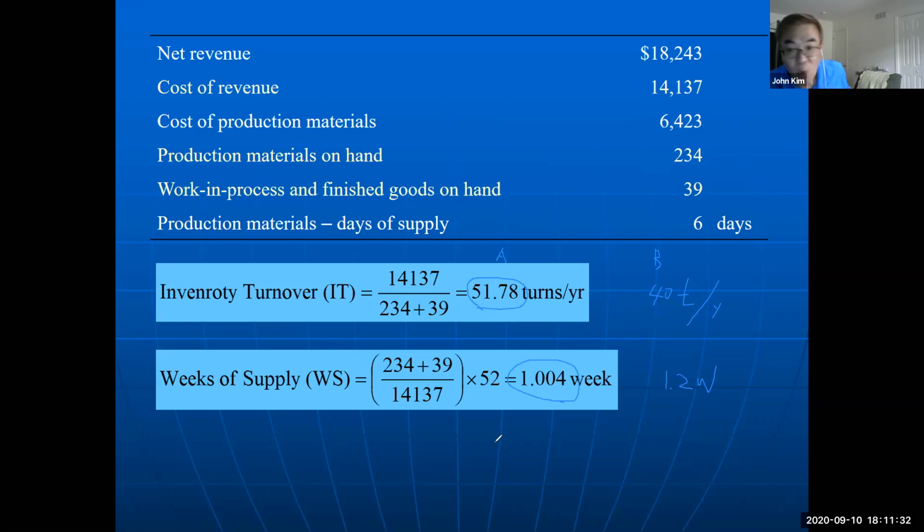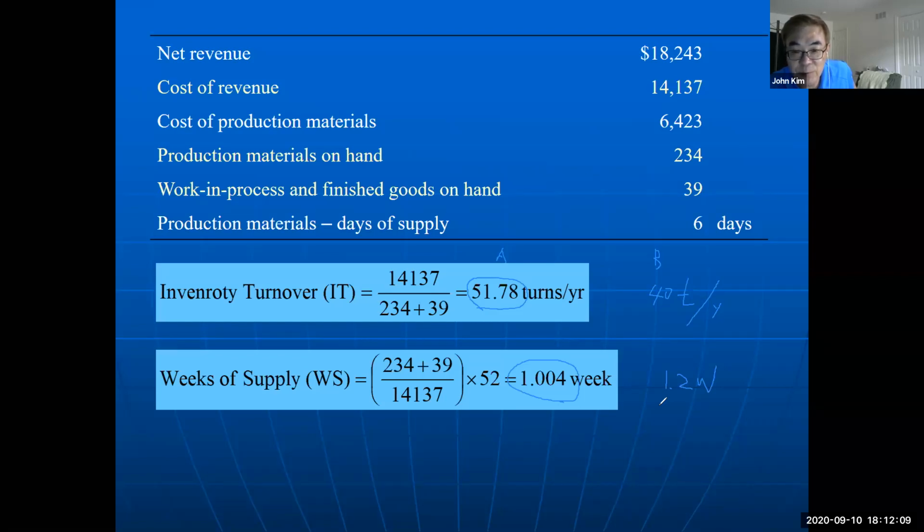Which company's supply chain works better or faster, A or B? Company A's inventory turnover is 51.78 and weeks of supply is 1.004. Company B's inventory turnover is 40 per year, and weeks of supply is 1.2 weeks.